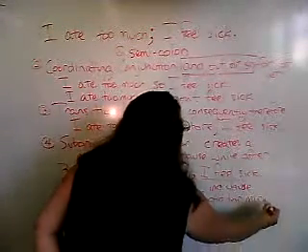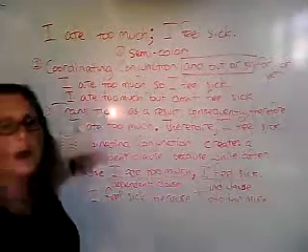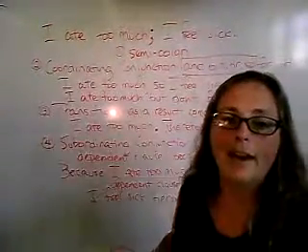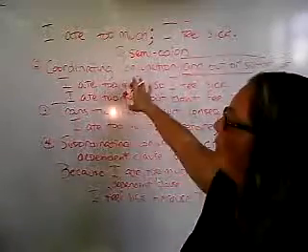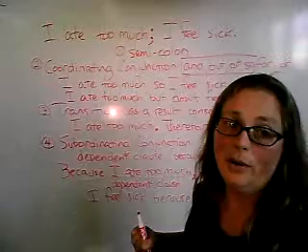And how do you know if a word is a coordinating conjunction, a transition, or a subordinating conjunction? Well, the coordinating conjunctions are pretty easy. It's just those 7 you have to remember.